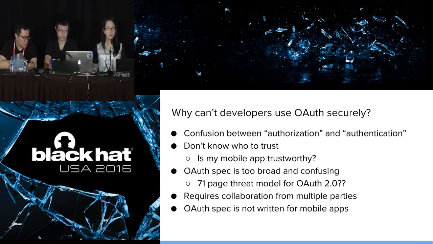Second, developers don't know who to trust. They don't know whether to trust the client. They don't know how they should protect their secret information. Third, the OAuth spec is really broad and confusing for normal average developers. For example, I wonder who has read the 71 pages just for the threat model for OAuth 2.0.